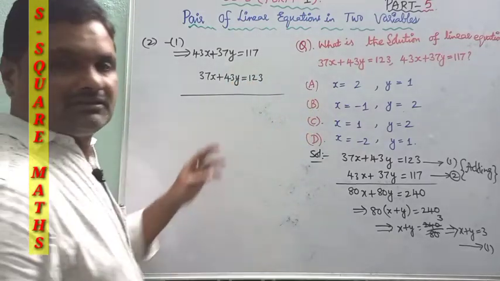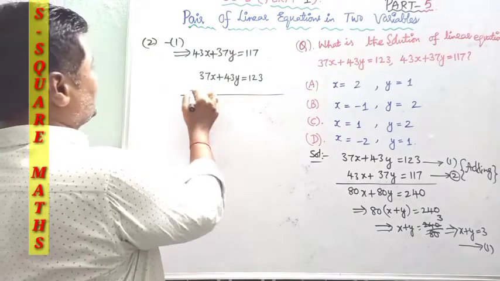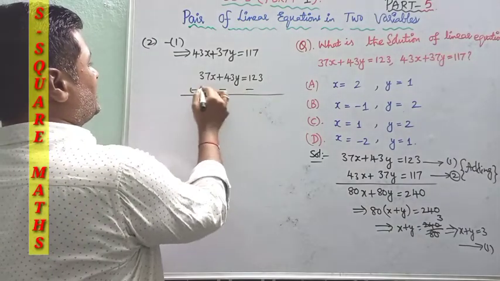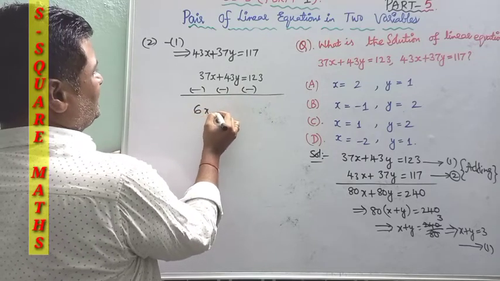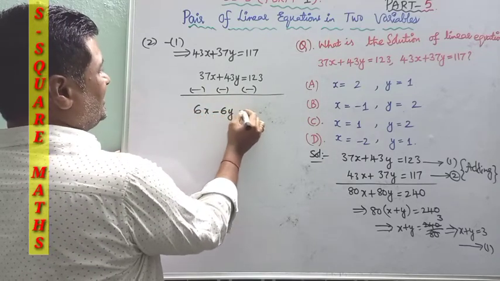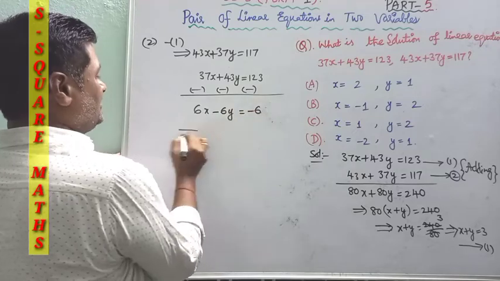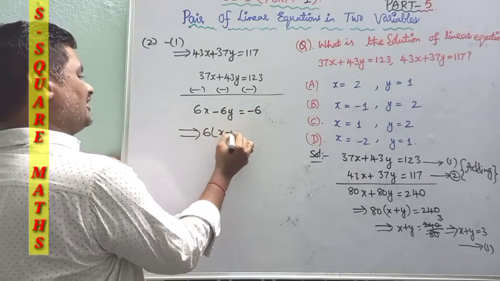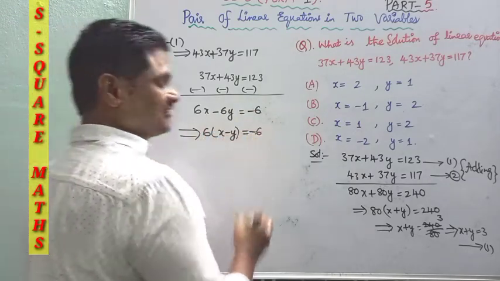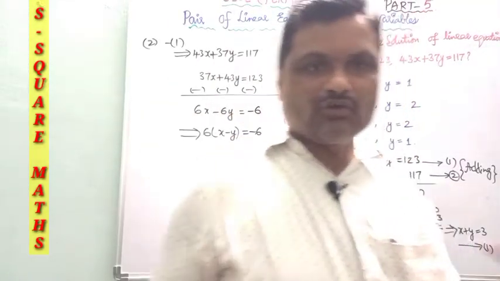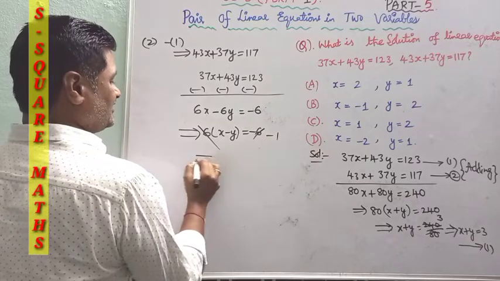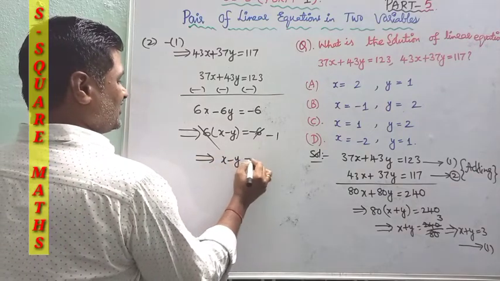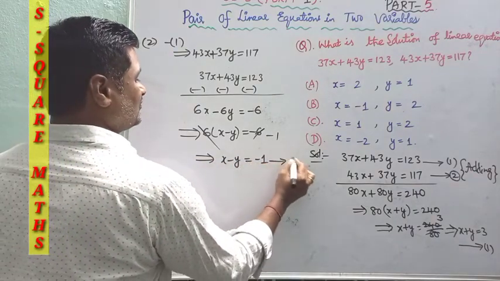Since I am subtracting, I change the signs. So, I get 6x minus 6y is equal to minus 6. Taking 6 as common, x minus y is equal to minus 1. With the direct steps, if you are good at calculations, you can cancel here itself. Mark this as equation 4.